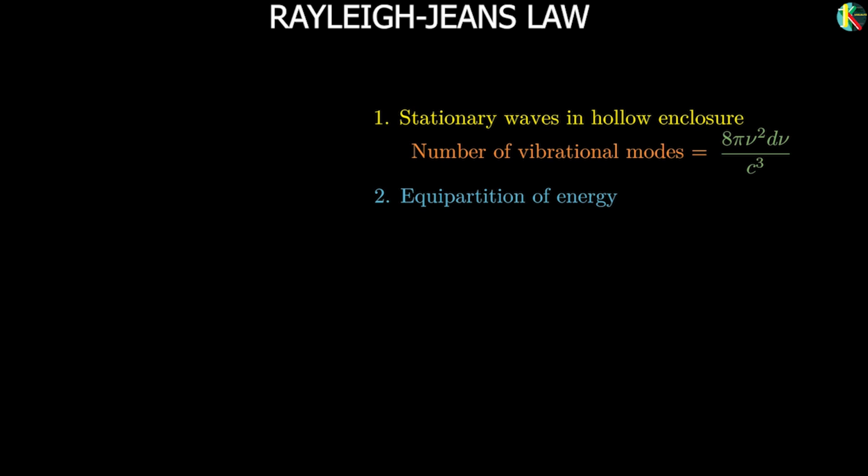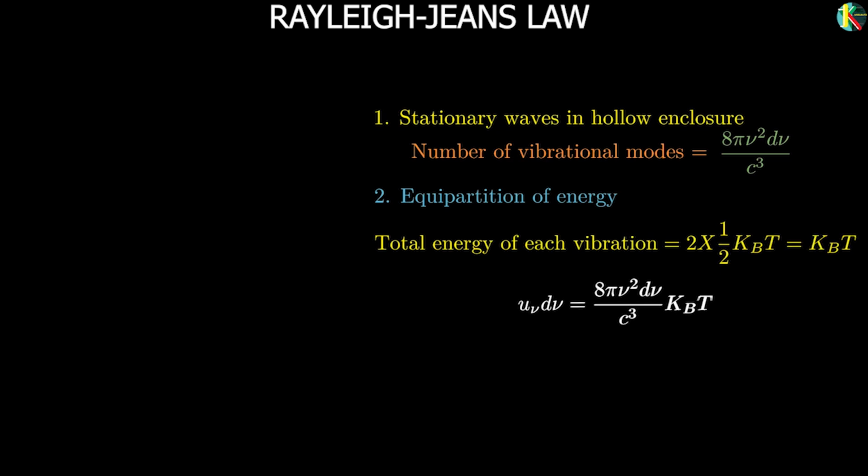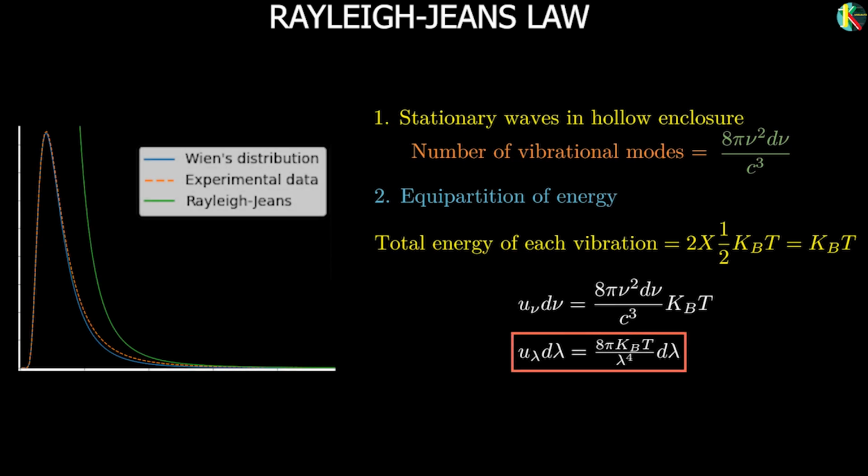Once this is established, the distribution of energy can be derived by the principle of equipartition of energy. Considering the kinetic and the potential energy, the total energy of each vibration will be kBT, where kB is the Boltzmann constant. In terms of the wavelength, the equation becomes this. This is the Rayleigh-Jeans law of spectral distribution of energy.